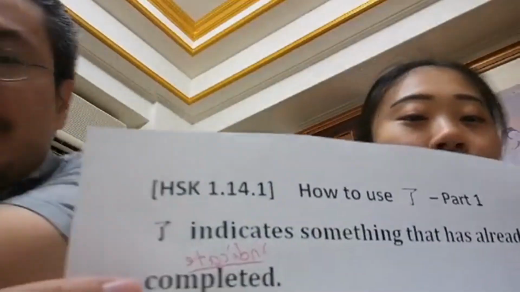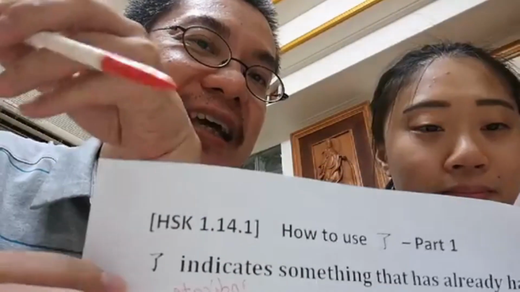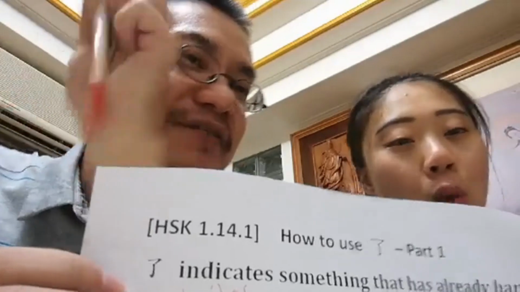Okay, so my viewers, today we are going to talk about Chinese grammar. Abby, what's our grammar today? The topic we're going to talk about today is in HSK level 1, lesson 14. It is a very basic grammar.